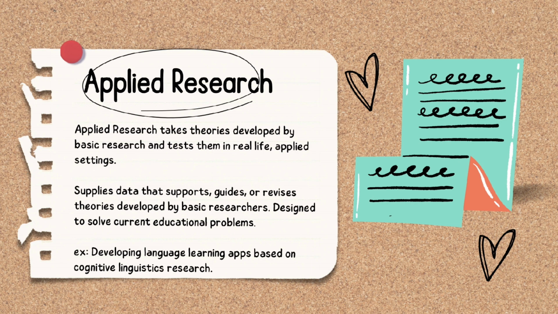This research is like using what we already know to solve problems or make things better in the real world. It's like taking the information we've learned from basic research and putting it to practical use, like using building blocks to create something useful instead of just figuring out how things work.